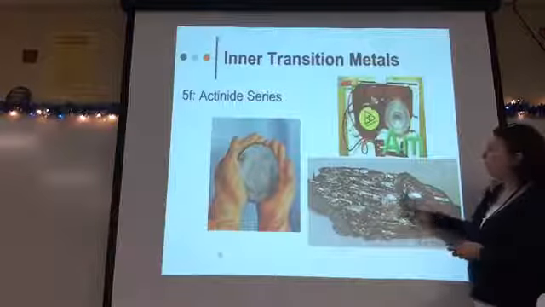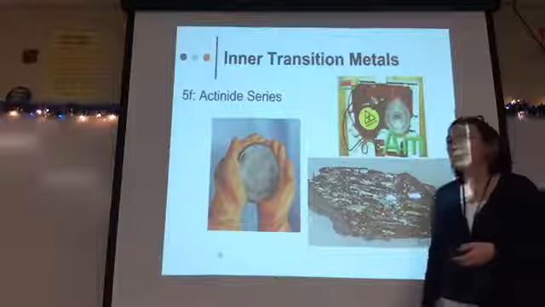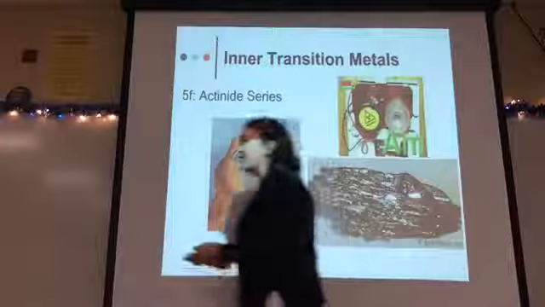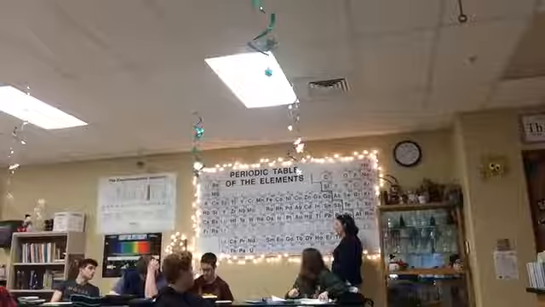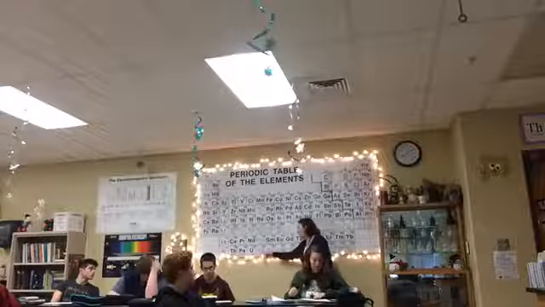And this is plutonium, a nice silvery piece of plutonium. But the thing is, with the actinide series, everything after uranium is called a transuranium element. These are transuranium. Means they're all after uranium. And notice how they're all hollowed out.